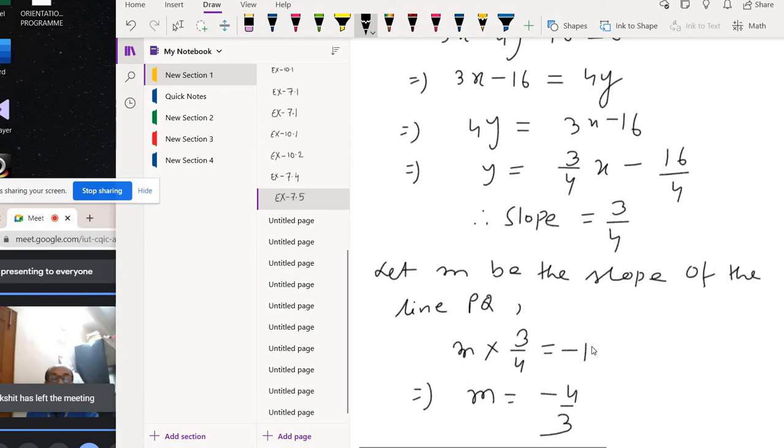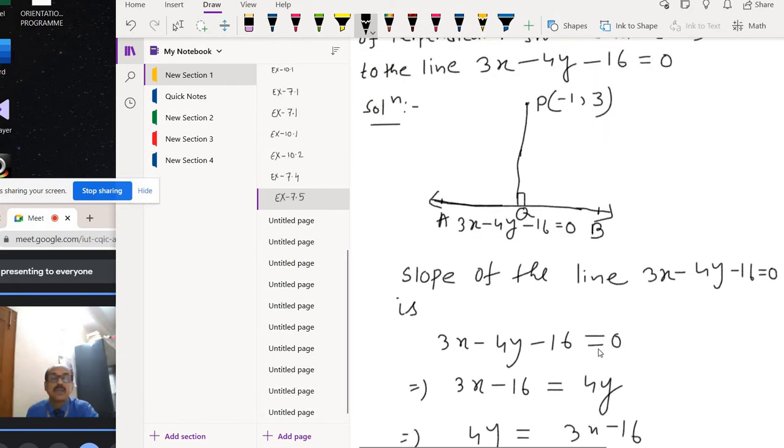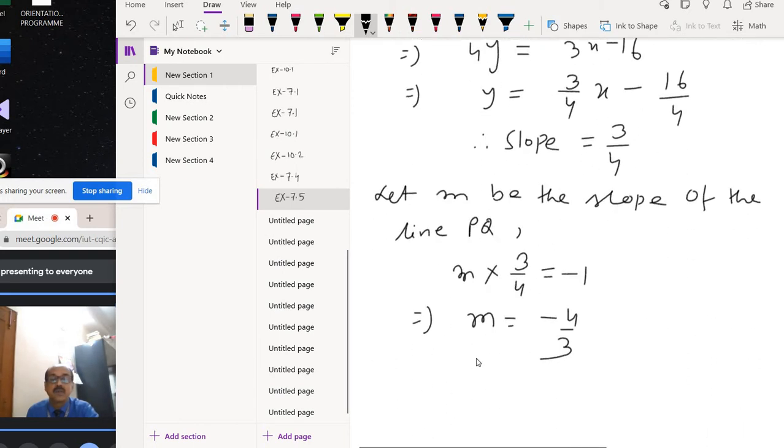Now find the equation of the line PQ. Use the point-slope form, because one point is (-1, 3) and slope is minus 4 by 3.